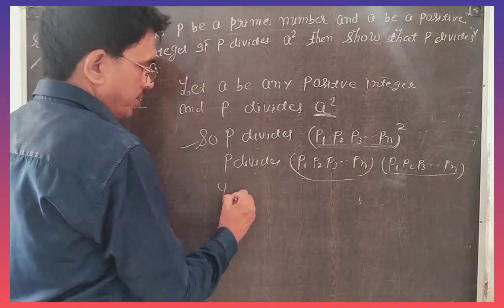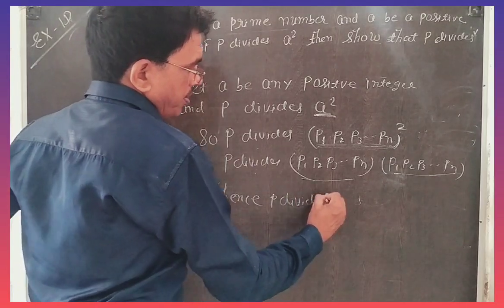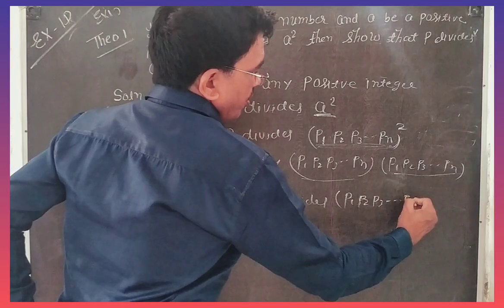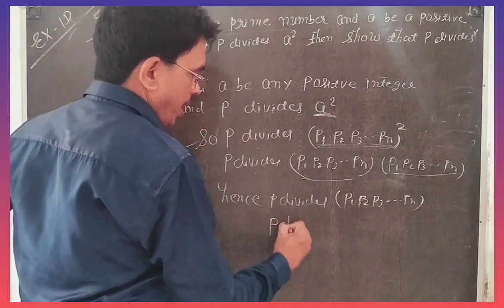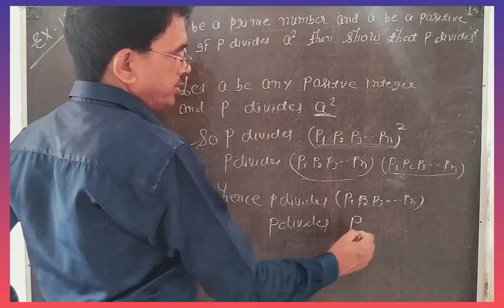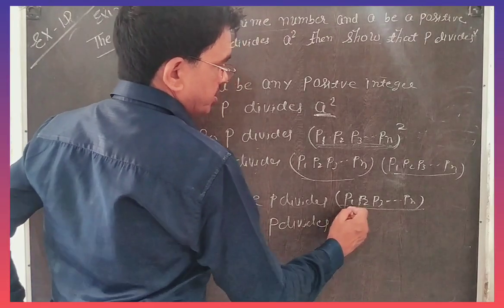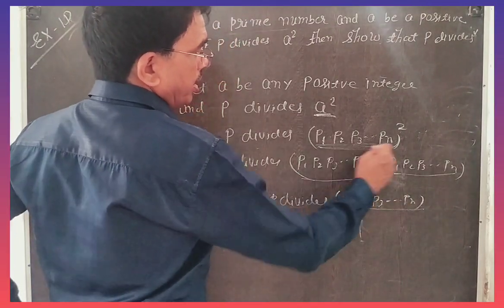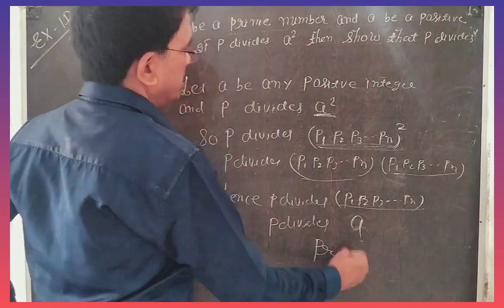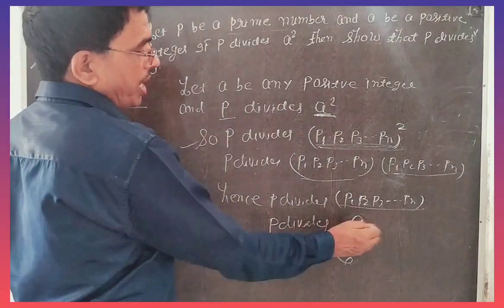So hence p divides one of p1, p2, p3 up to pn, and p divides p because it is the prime factor. So p divides a, where p1, p2, p3 are the prime factorization of a. So proved. Then we can say if p divides a square, then p also divides a.